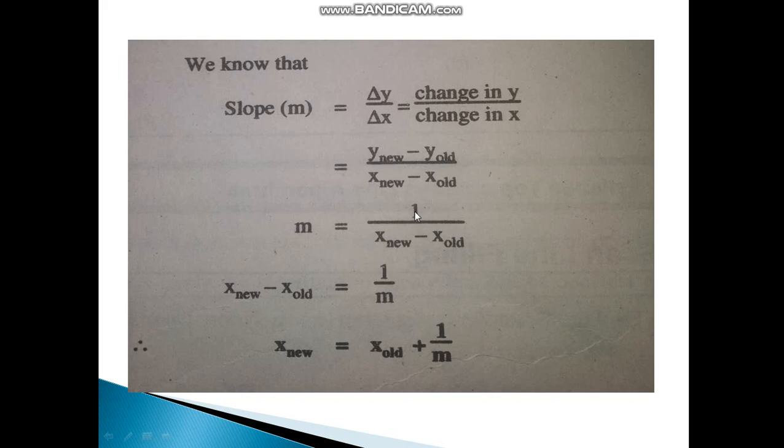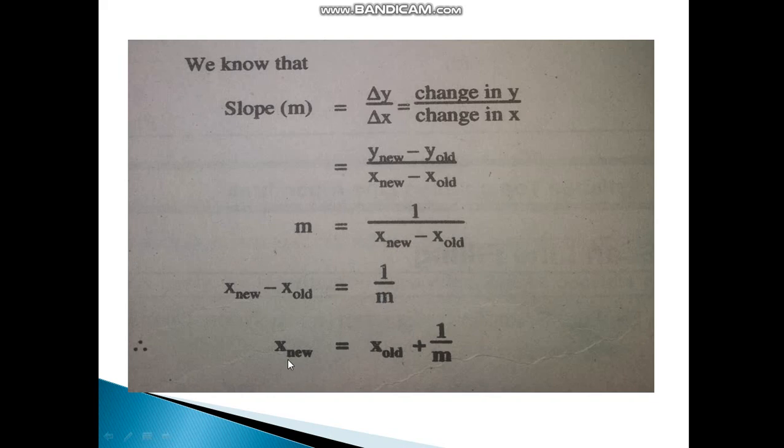That's why delta y is 1. So the equation is M is equal to 1 upon x new minus x old, so x new minus x old is equal to 1 upon M.